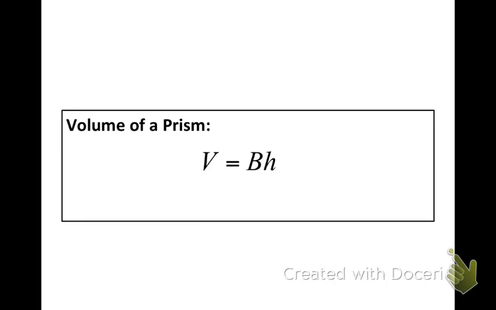So transfer that over onto your index card for volume. So your volume of a prism is big B times H. Where again, your capital B stands for what? The area of the base, not just base, the area of the base.